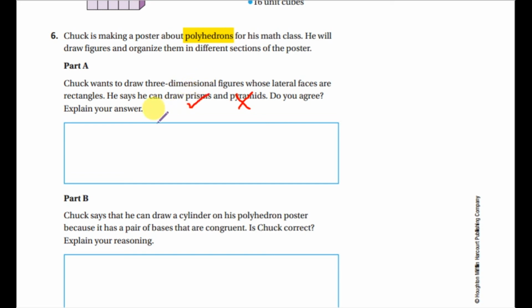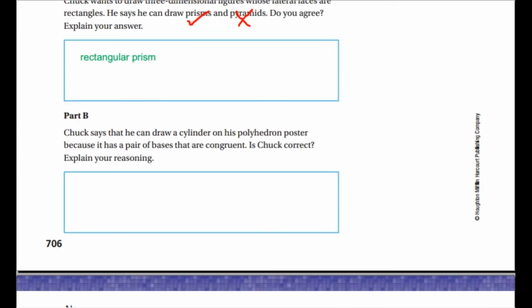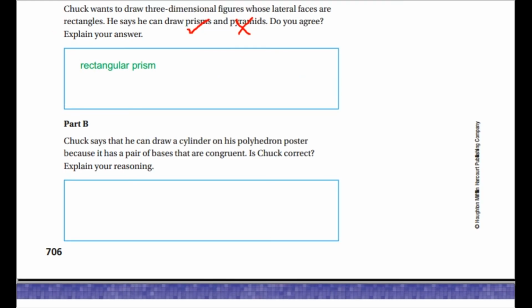So what is this shape? It is a rectangular prism. So it's a rectangular prism. So let's go to part 2.